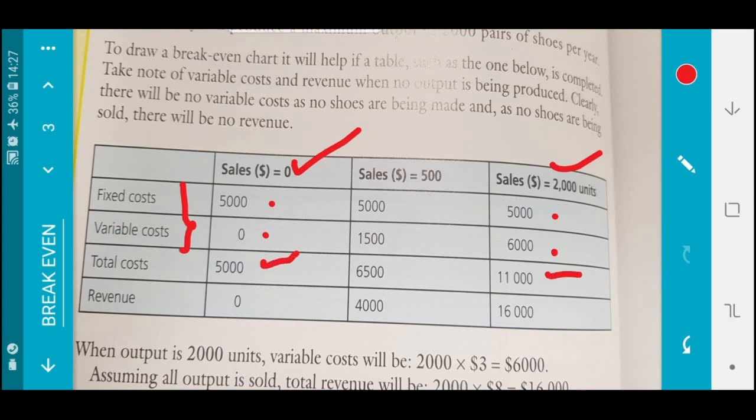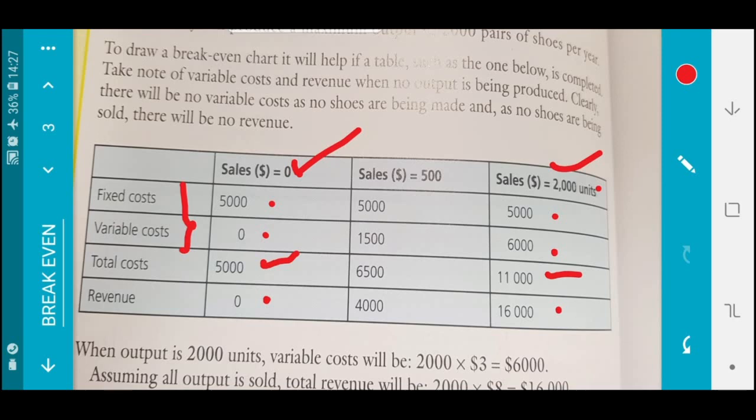Still one more thing to fill is the revenue. I know that the selling price per shoe is $8. So if I sell 0, of course my revenue will be 0. And if I sell 2,000, 2,000 times 8 will give me 16,000.